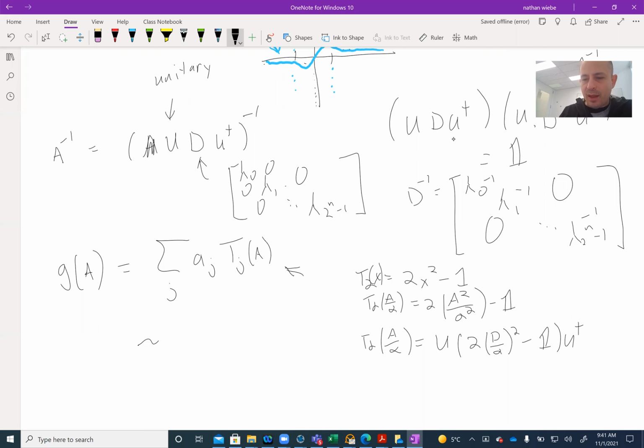Now if we apply this property to it, we end up getting something of the form U times a diagonal matrix with g of lambda 1 going down to g of lambda 2^n minus 1, and 0 on the off diagonal, times U dagger.